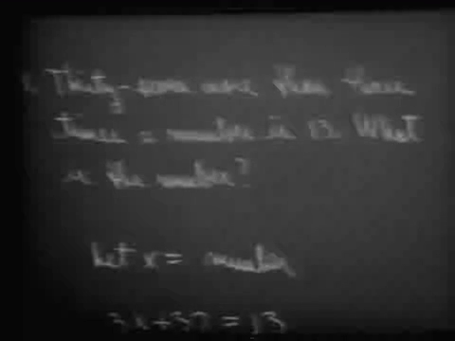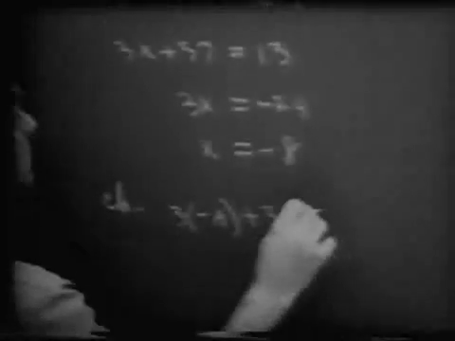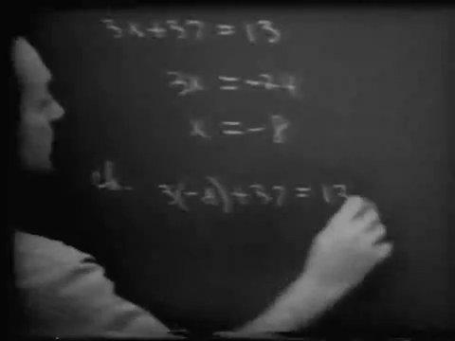Now, 3 times negative 8 is negative 24, and 37 added to negative 24 gives us 13. Yes, the statement checks. So 3 times negative 8 plus 37 is equal to 13, and indeed the statement checks.